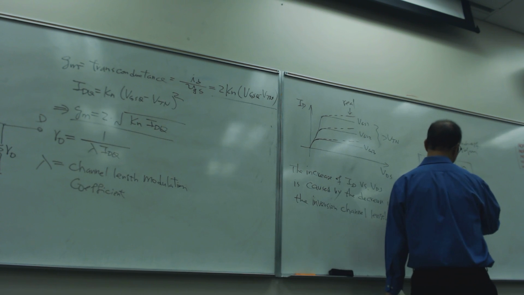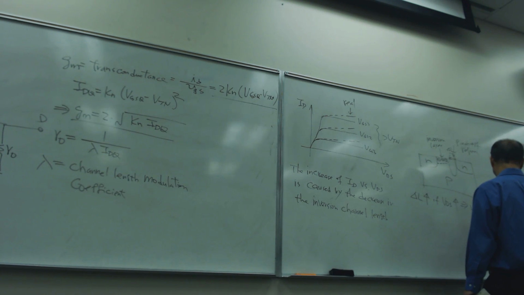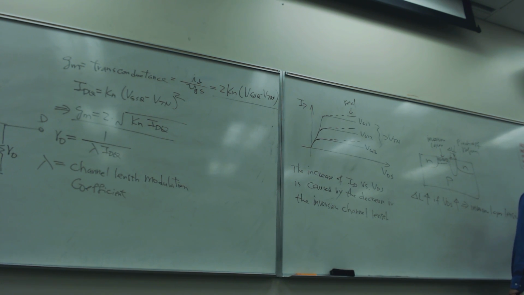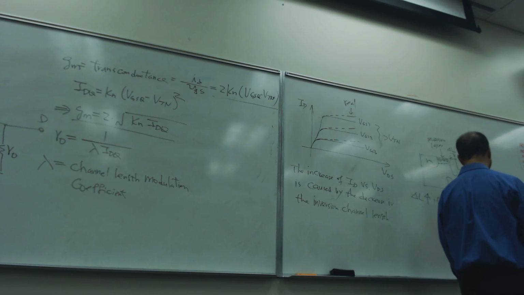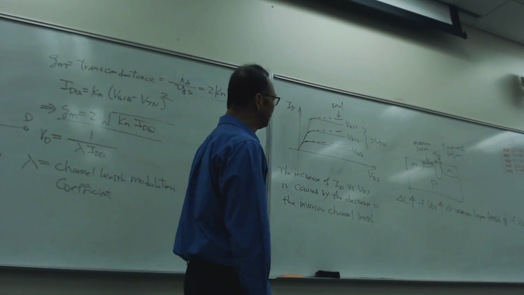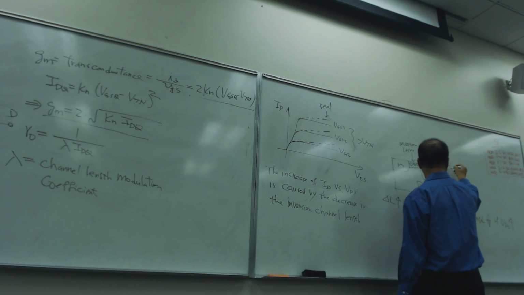Therefore, the inversion layer length goes down if V_DS goes up, right? This voltage right here is V_DS.